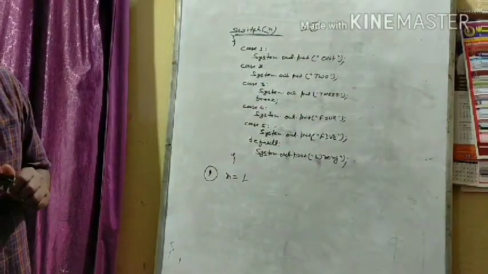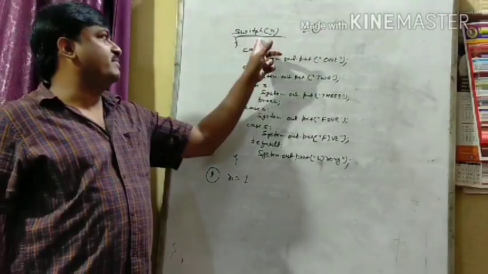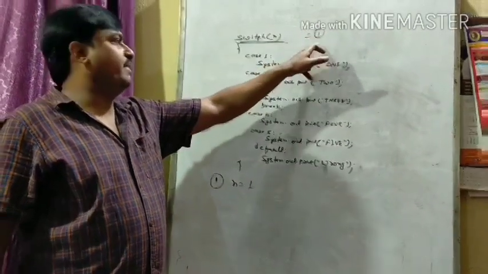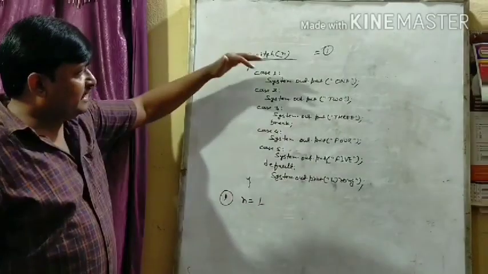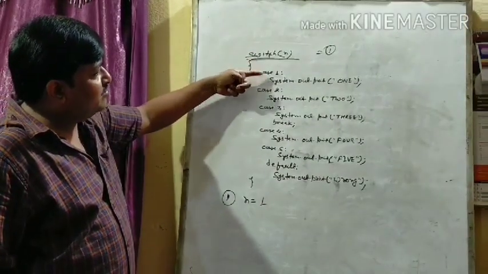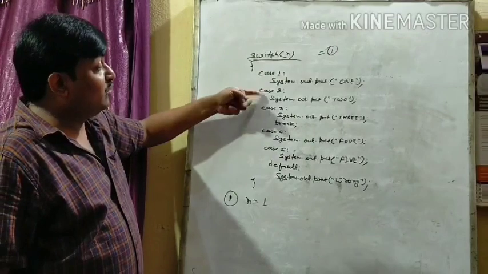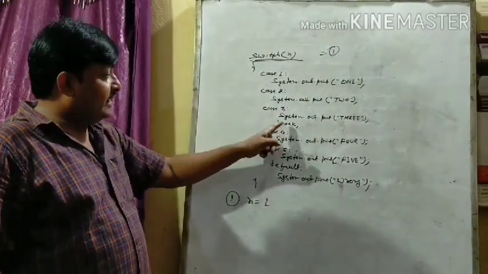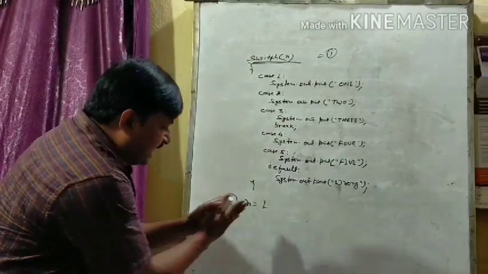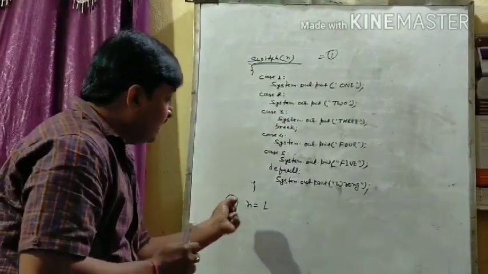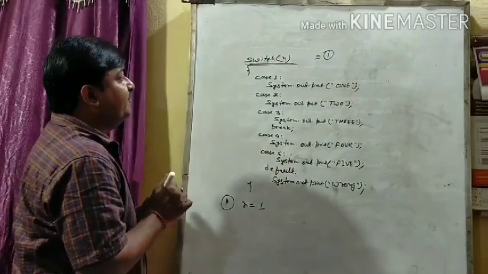Therefore, case 1 will be executed. When the switch expression's value is 1, it matches case 1 and case 1 will be executed. See, there is no break statement between case 1 and case 2 and case 3. In between case 3 and case 4 there is a break statement. When we put n equal to 1, see what will happen.